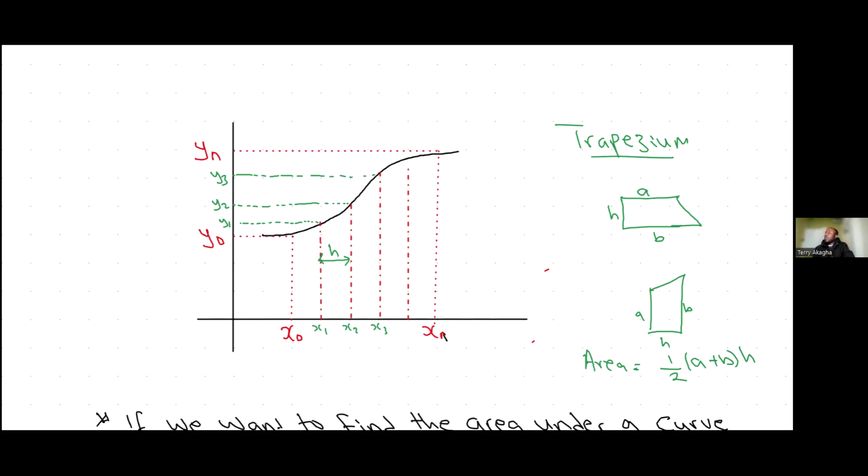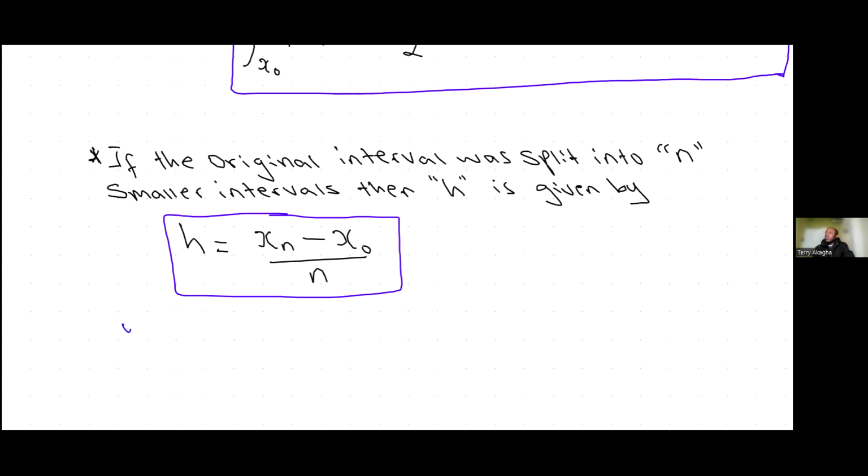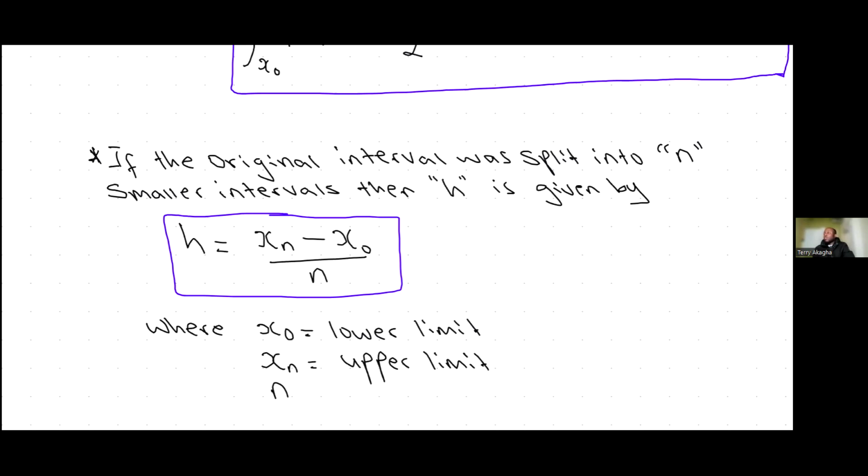So we can now say where xo is equal to the lower limit, xn is equal to the upper limit, and n is equal to the number of strips.